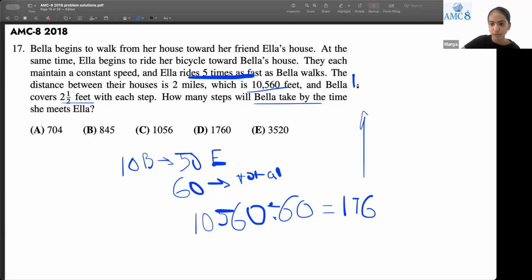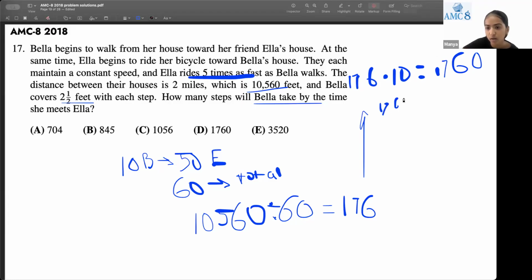So 176 times 10 would be equal to 1,760. That means that she would have walked 1,760 feet. And since you're asking how many steps Bella will have taken by the time she meets Ella, we have to do 1,760 divided by 2.5.